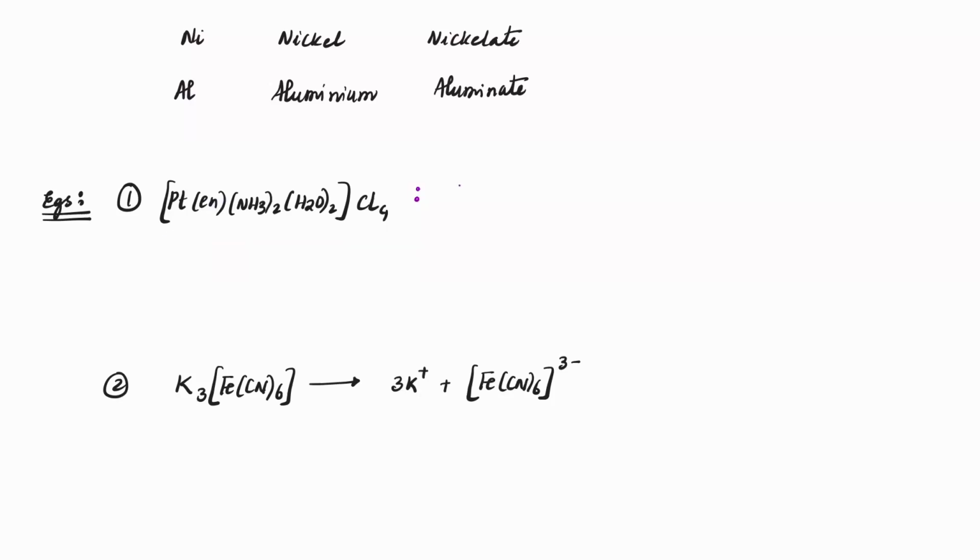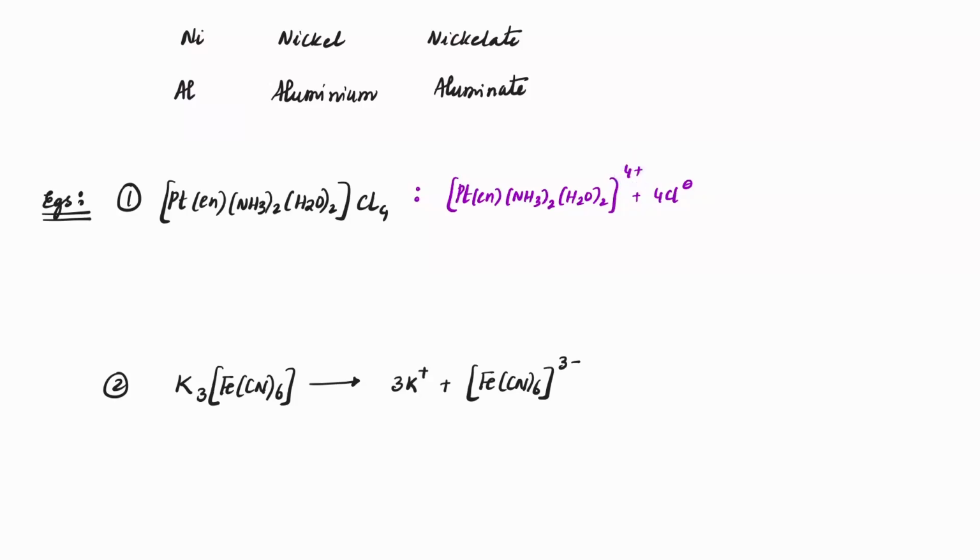First, make sure that the complex is broken into two pieces: the complex with 4 plus and 4 Cl minus. If this is how it has been broken, you can notice that it is now a cationic complex.